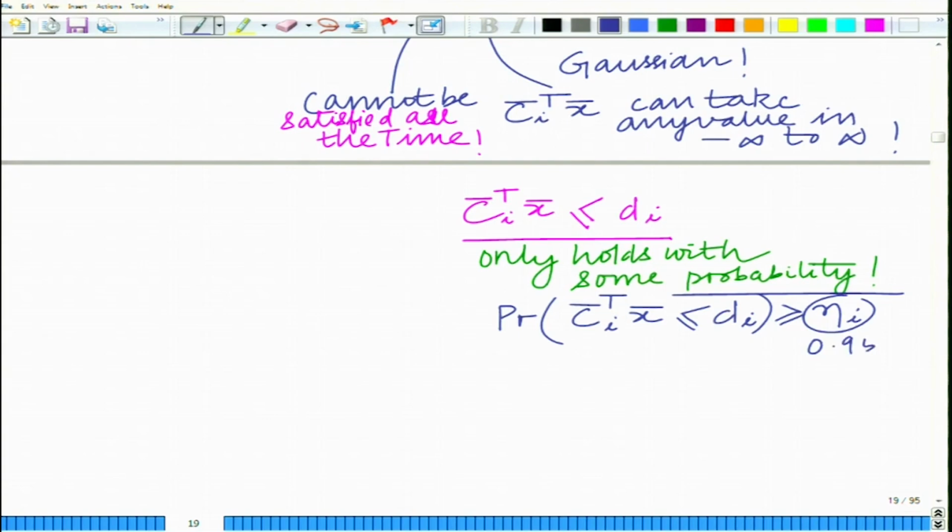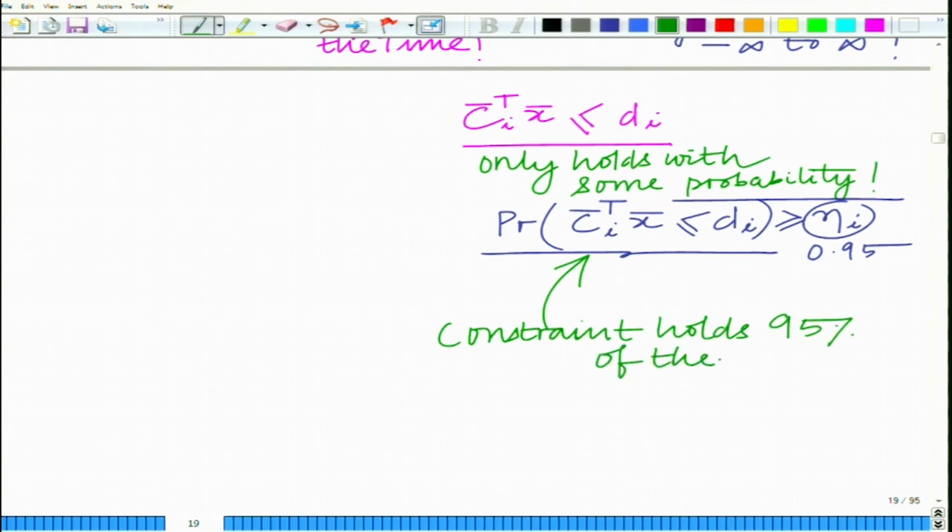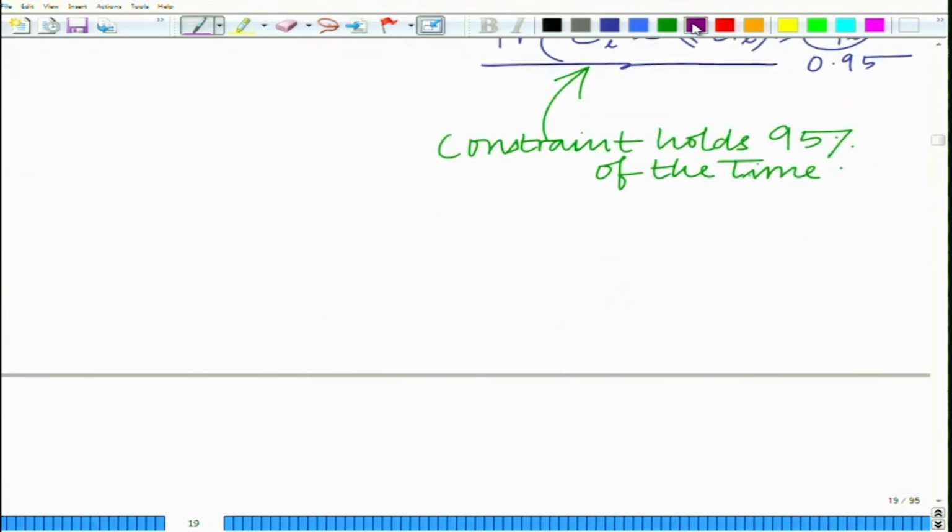So 95%, or 0.95, means this constraint holds 95% of the time. And therefore, now I can modify this linear program, this optimization problem.